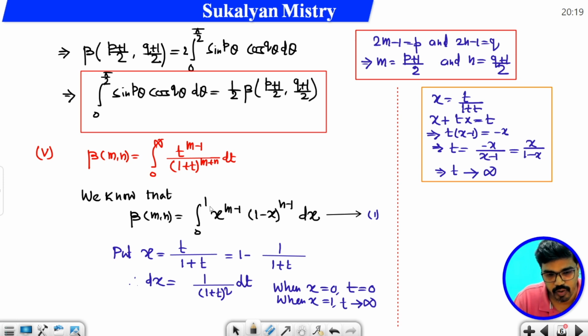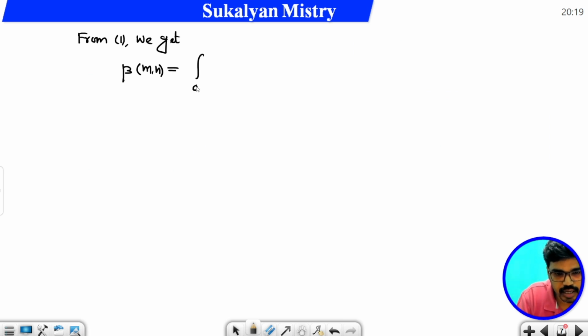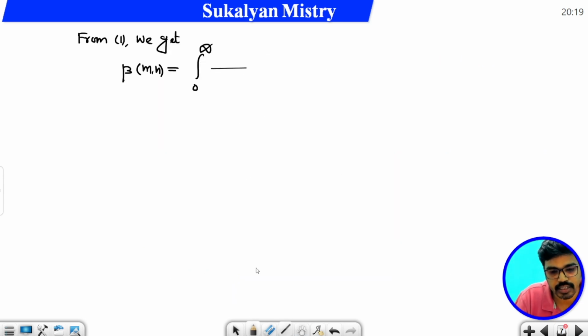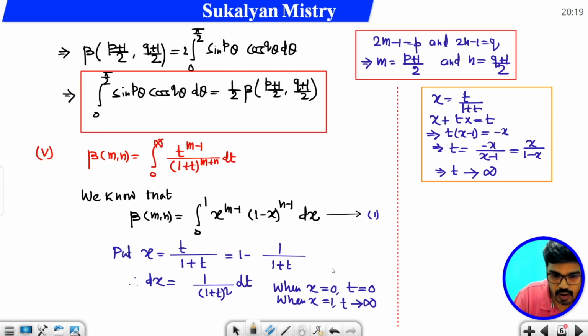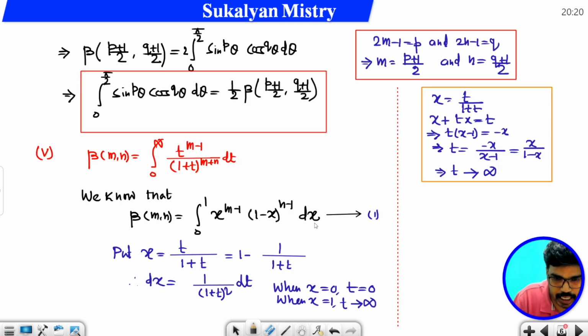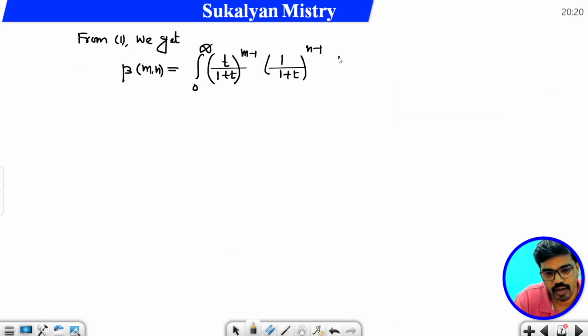When x is equal to 0, t is equal to 0, when x is equal to 1, t is equal to infinity, so the limits are 0 to infinity. x to the power m minus 1, x is t by 1 plus t, so t by 1 plus t to the power m minus 1. 1 minus x is 1 by 1 plus t, so 1 by 1 plus t to the power n minus 1. dx will be 1 by 1 plus t whole square dt.